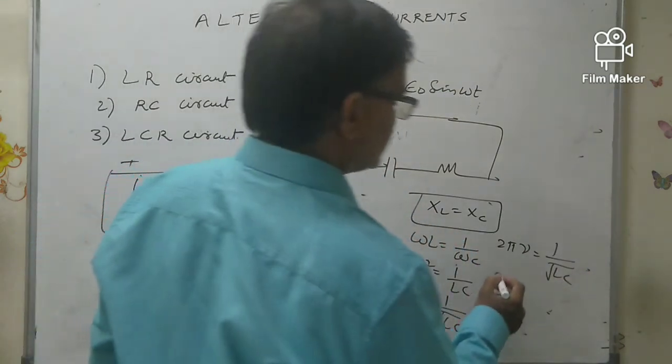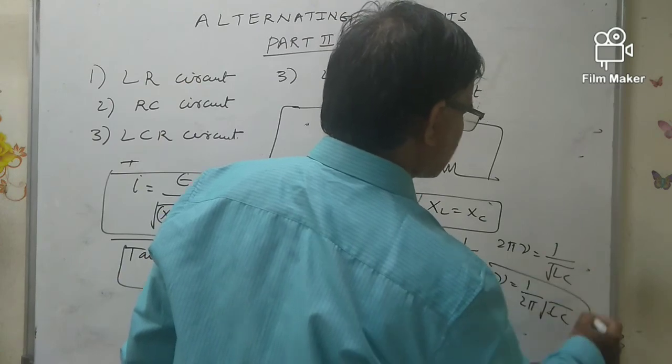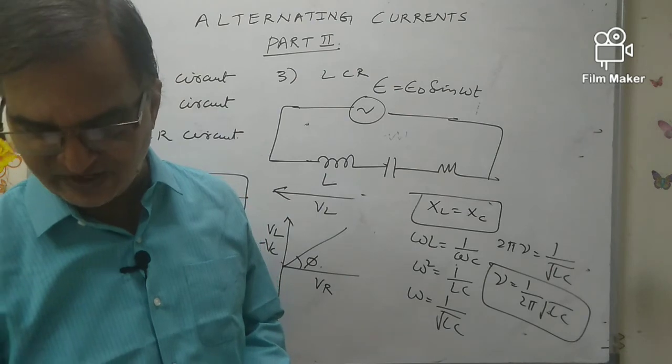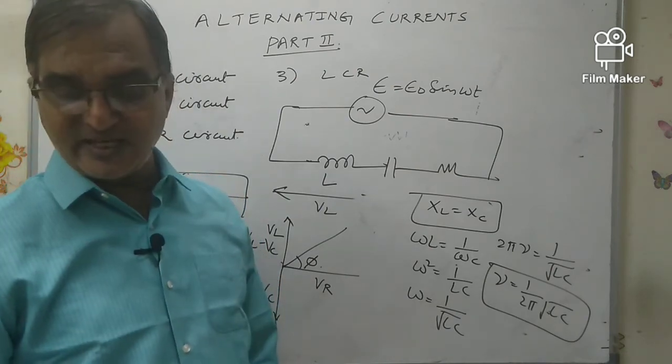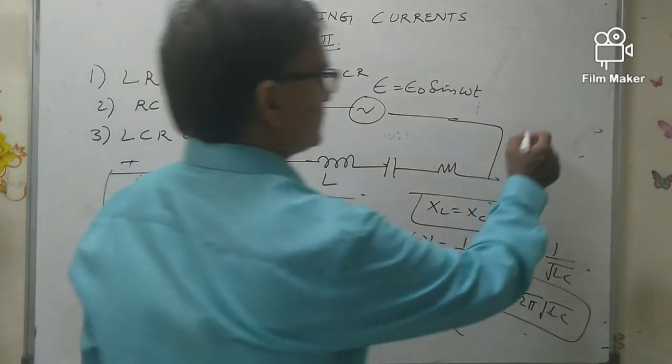Then nu is equal to 1 by 2 pi root LC. This is called the resonance condition. Nu is called the resonating frequency, that is, the frequency of the applied voltage is equal to the natural frequency of the circuit.